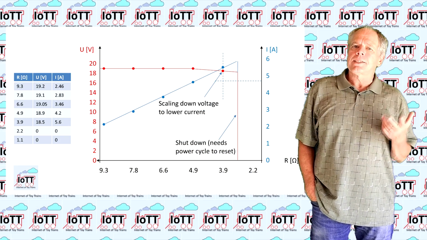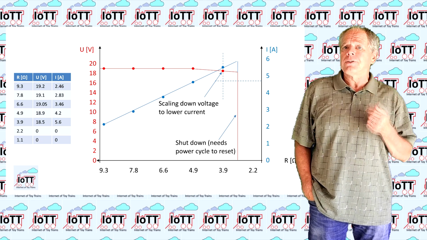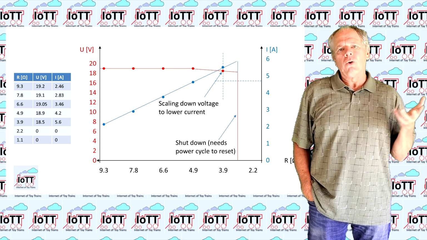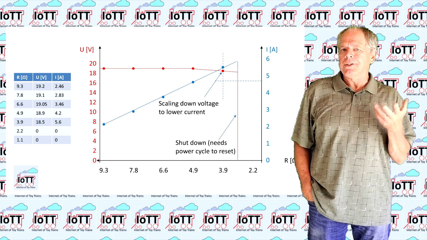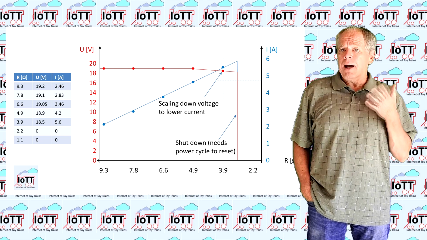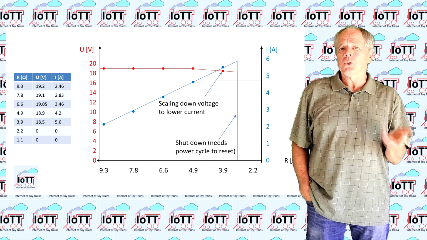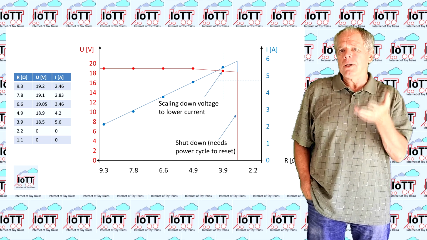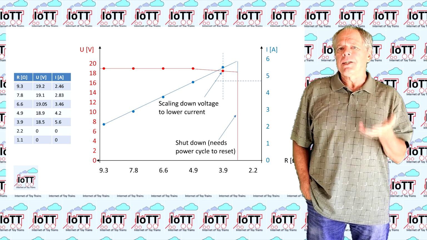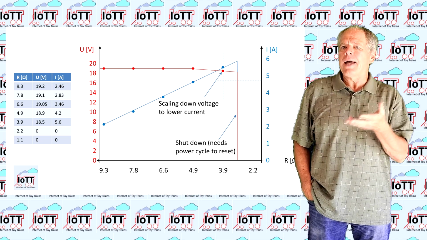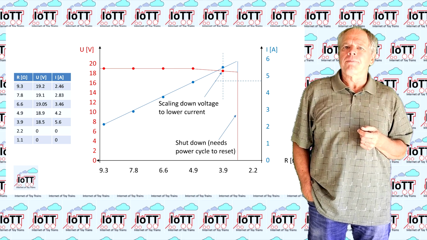While doing the tests, I noticed a very interesting behavior of the notebook power supplies. When I lowered the load resistance, the current would increase as expected. But then the power supplies actually started to scale down the output voltage in a way that the output wattage did not exceed the nominal output wattage, even though the current was higher than the nominal current.